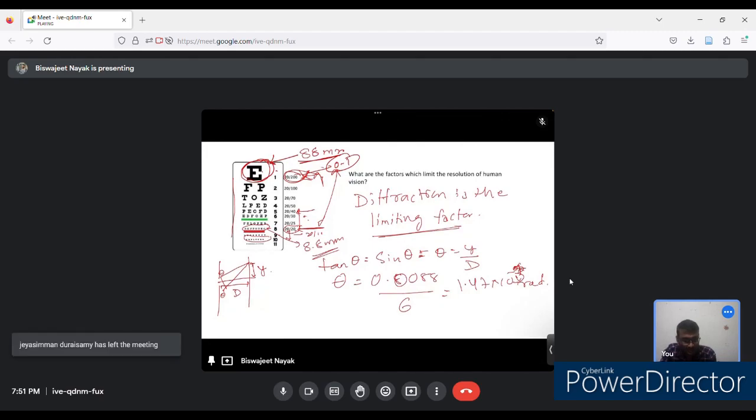So what does the Rayleigh criterion tell us? 1.22 lambda by d, and here, the diameter of the iris of the human eye is given as 5 millimeter, so 5 millimeter will be put here.